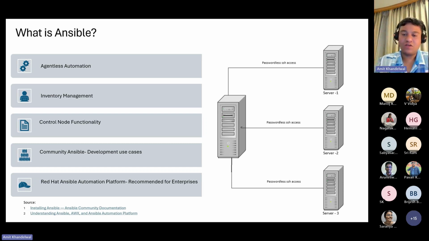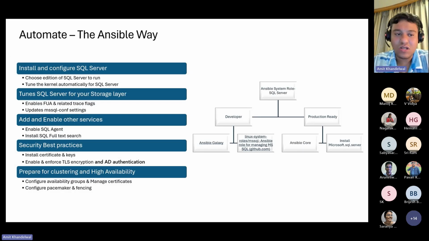And once you have all of this set up, the control node basically connects to the server 1, it does the SQL Server installation, reports back whether the installation was successful or not. Remember, with Ansible, not only can you just install SQL Server, because that's pretty basic, but you can actually tune your OS.